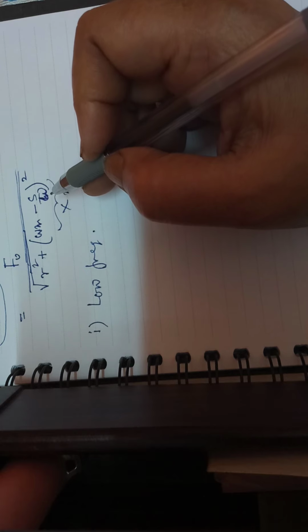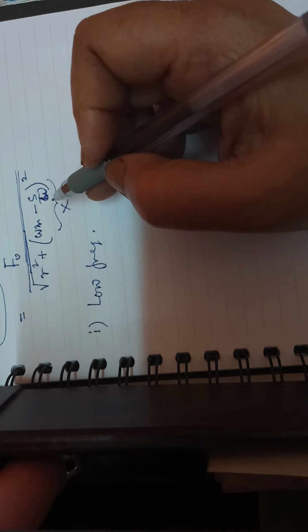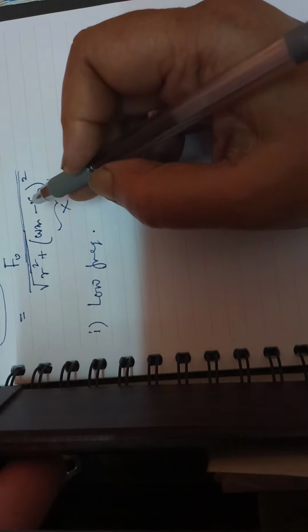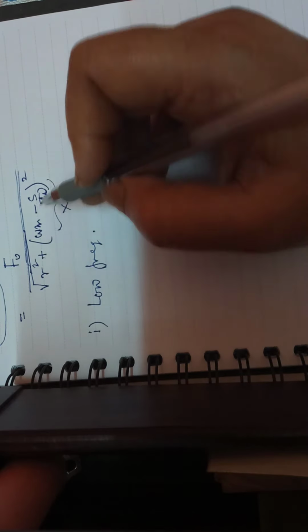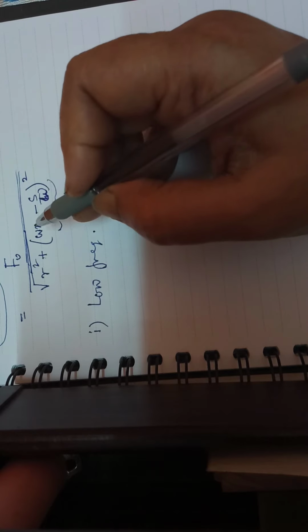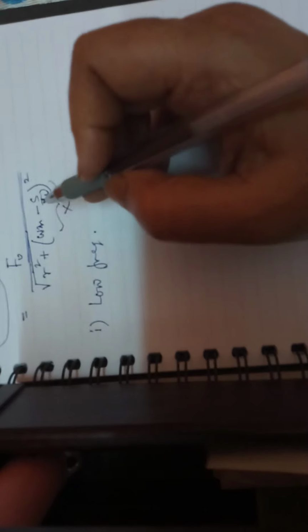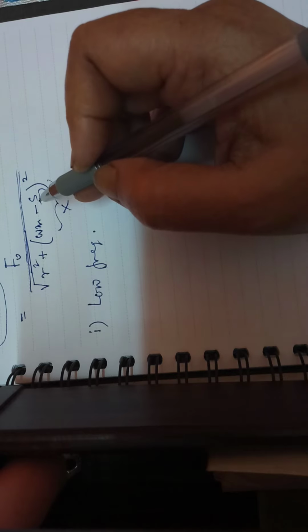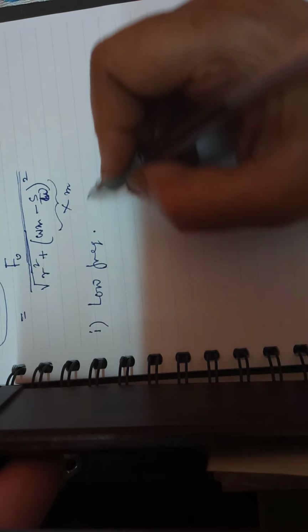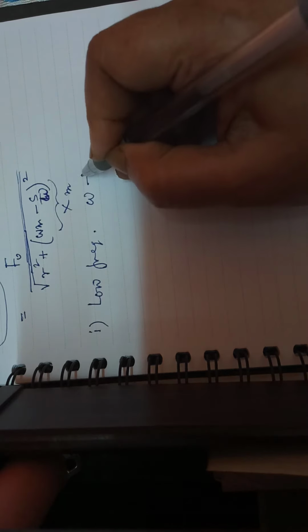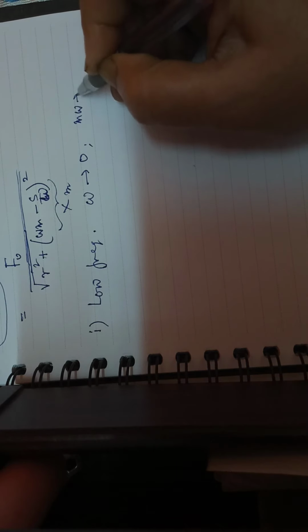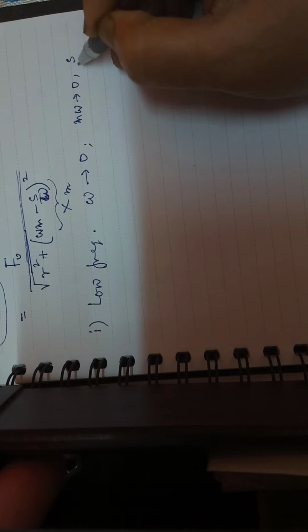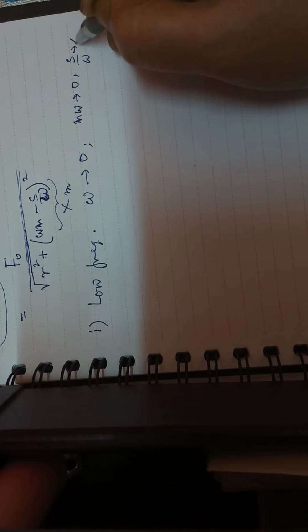In such a case, the impedance Zm will depend upon S and is said to be stiffness controlled. At low frequency, this will dominate and this will be 0, so it is stiffness controlled. When omega goes to 0, m omega goes to 0, so S by omega will go to infinity.